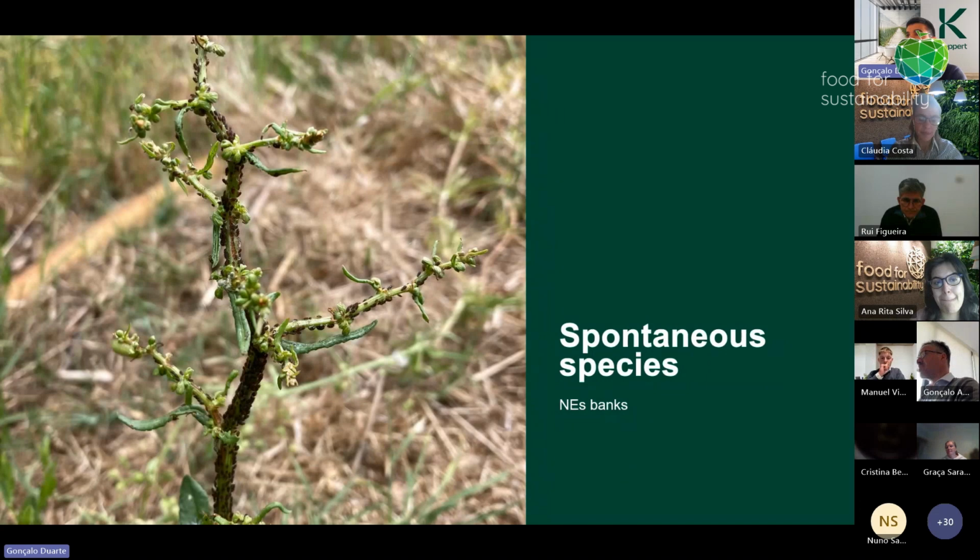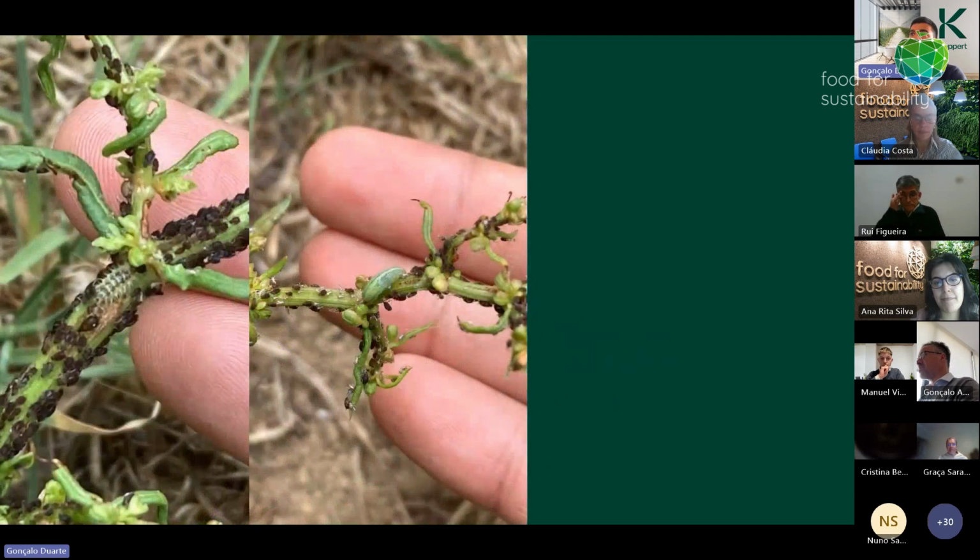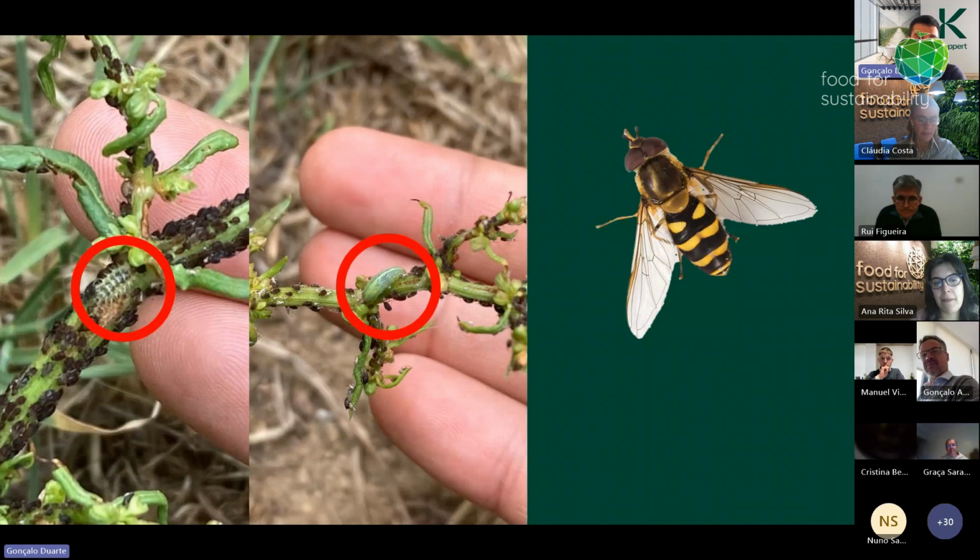This is Rumex, which has a specific aphid as well. And if you look closely, there are already larvae of hoverflies there. Now, usually growers would use some herbicide or just mow this down to the ground, and they would not know what they were losing. And there's actually no risk. This aphid is not a problem to the crop and is serving as a bank to natural enemies that we really want.